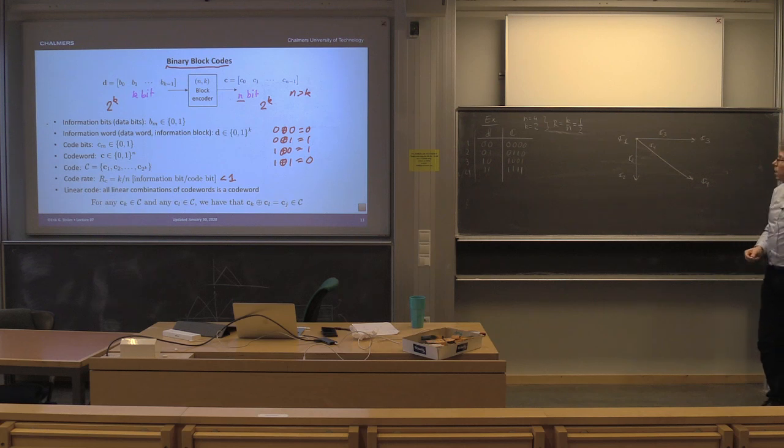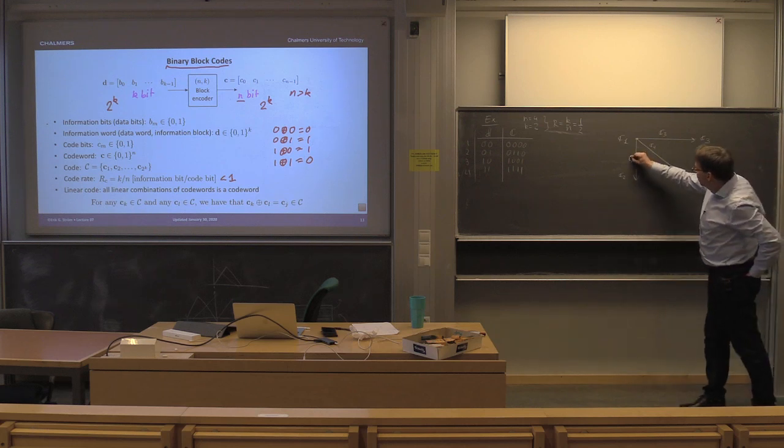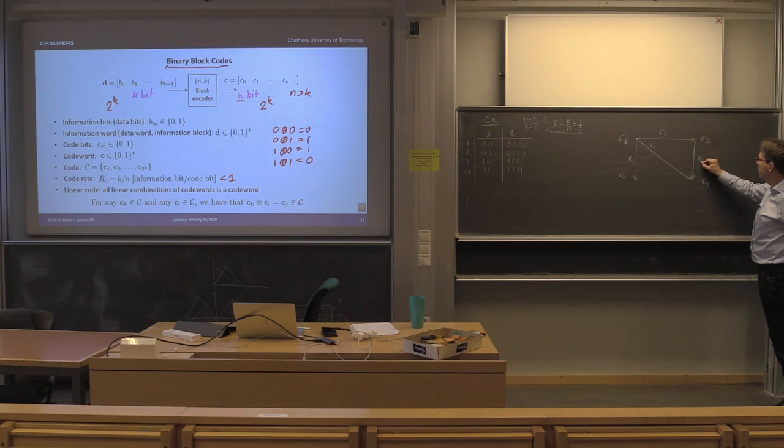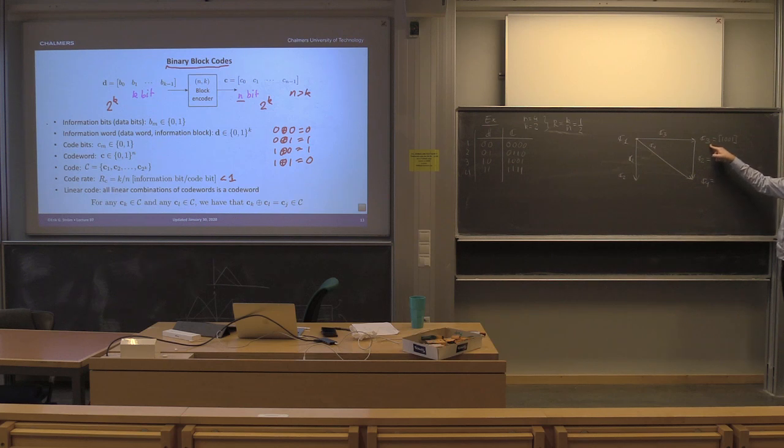Now, the interesting thing here is that if I go from C3 to C4, the vector which is missing here is actually C2. If we write this out, C3 is 1, 0, 0, 1, like this. C2 is what? 0, 1, 1, 0. And C4, we see that that's this vector plus this vector. So it's C3 plus C2.